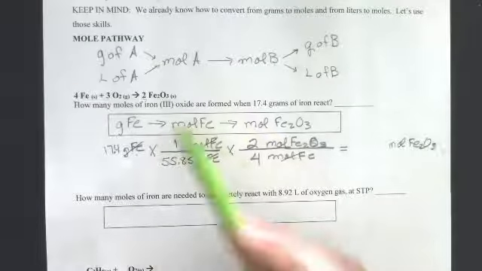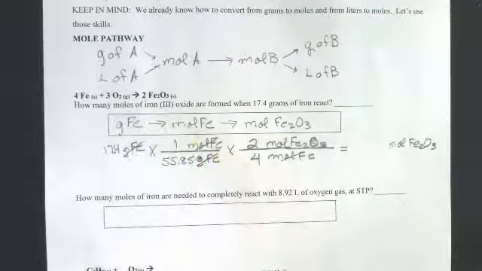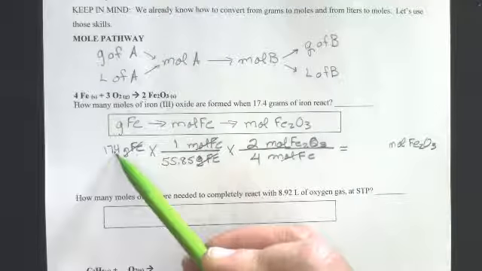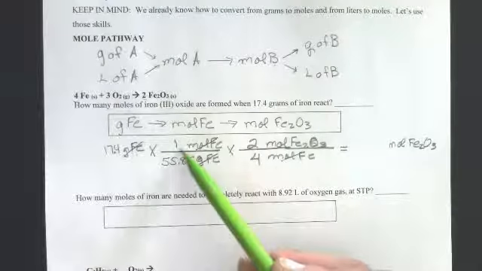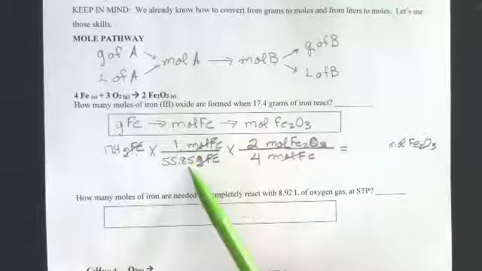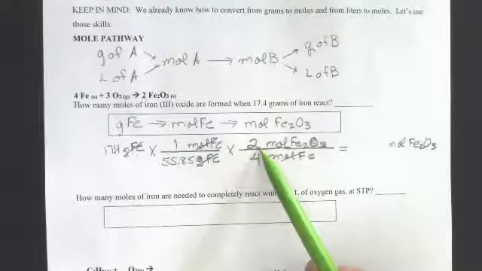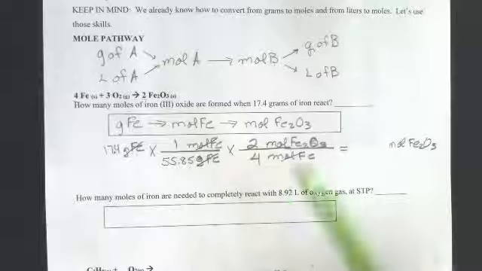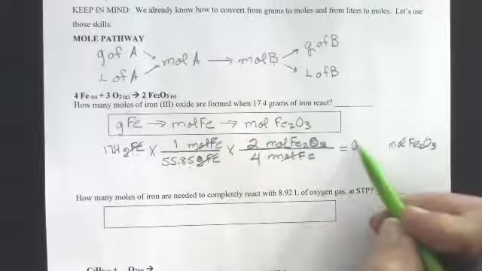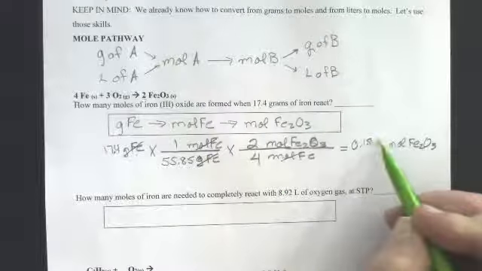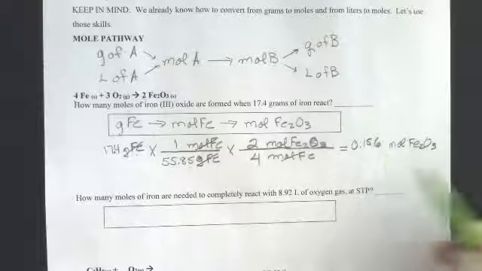So now it's just time to put the stuff into the calculator. 17.4 times 1 divided by 55.85 times 2 divided by 4 gives us 0.156 moles of iron 3 oxide, rounded to 3 significant digits.